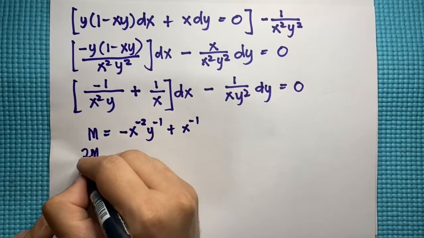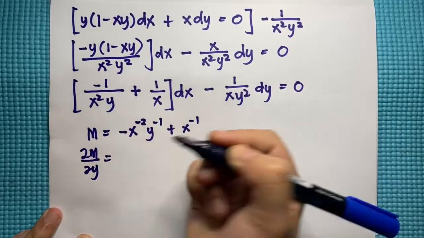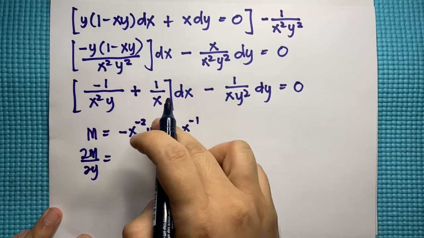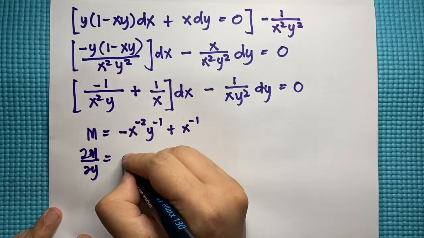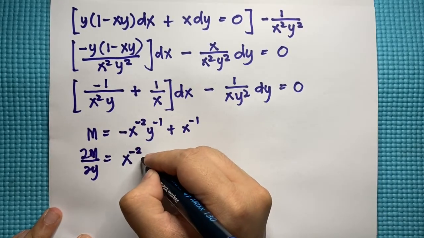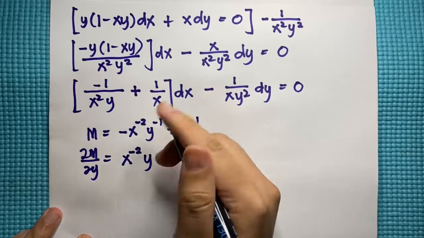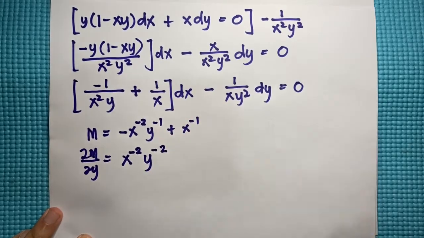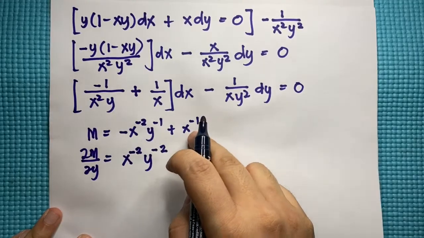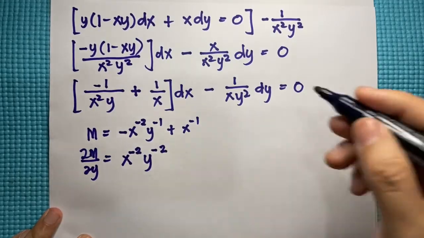The partial derivative of m with respect to y, I'll just be dealing with y raised to negative 1. So negative 1 will make it positive, x raised to negative 2 and y raised to negative 2, and then x negative 1 would be 0.